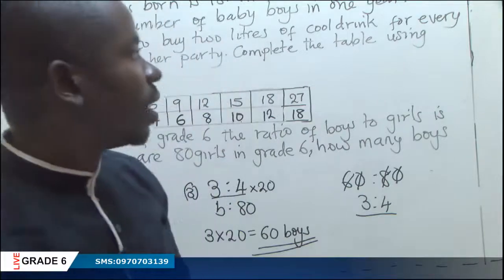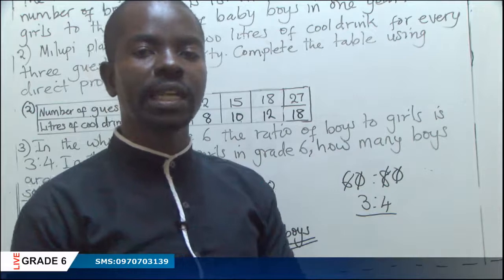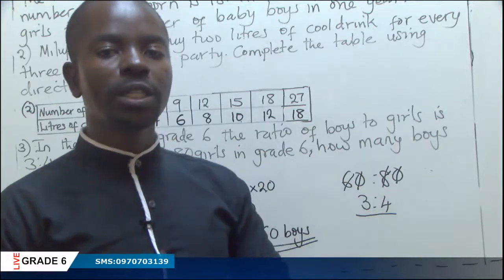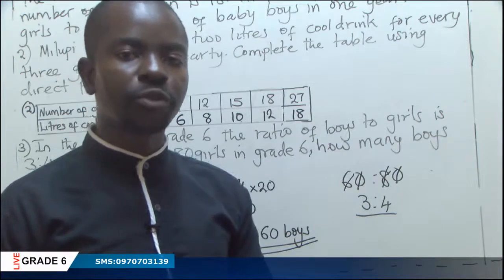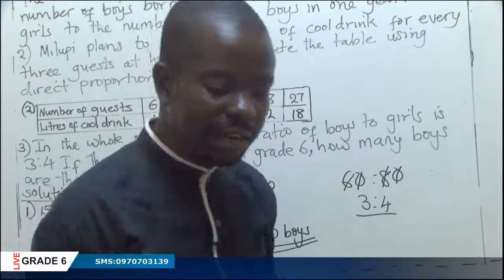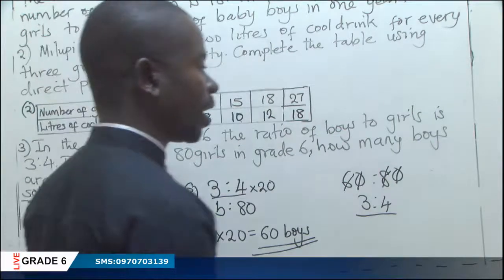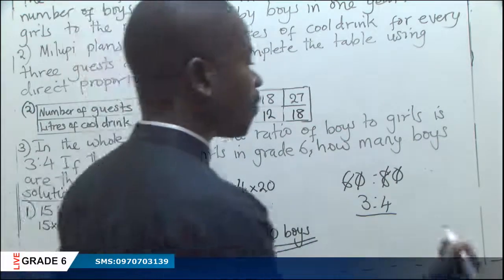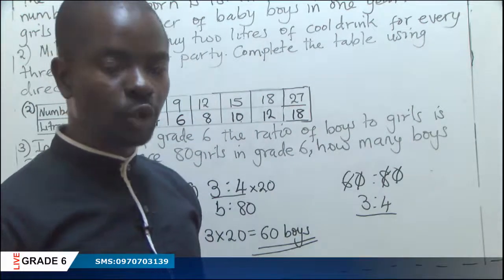My friend, direct proportion is when two quantities increase or decrease in the same ratio. For example, I gave an example of the ratio of sow to piglets.